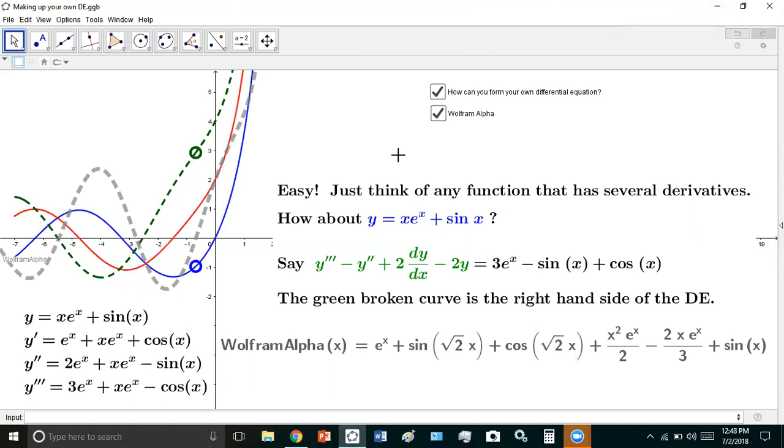So I hope you've enjoyed this little presentation. I've showed you how to construct a DE. Maybe you can call yours the moron DE equation or something else. I don't know, whatever you want to call it.